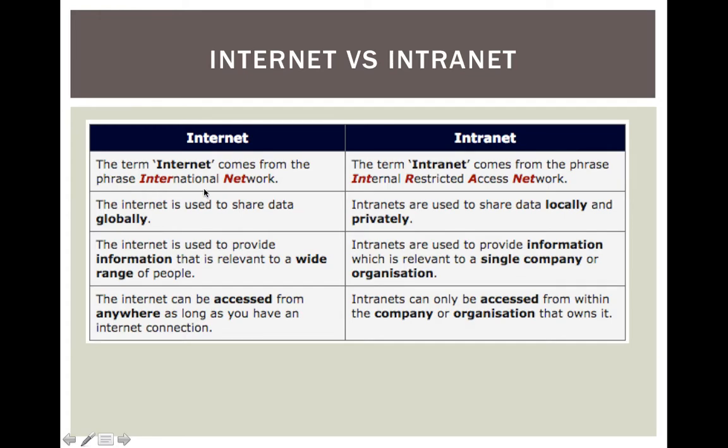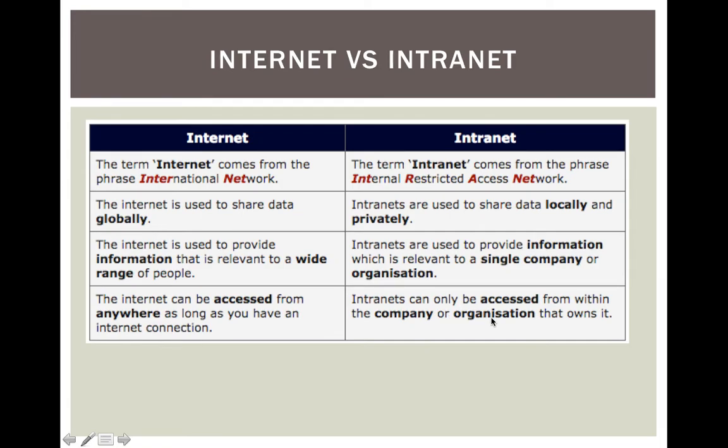So the internet, the international system, is obviously our global wide area network used to provide information, accessed anywhere so long as you've got your internet connection. Whereas the intranet is internal within a company or an organisation, storing and sharing data locally, providing information relevant to that single organisation, and can only be accessed from within the company.